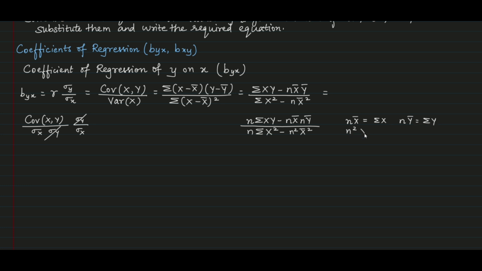So n square x bar square will be summation x the whole square. So substituting all these values, we get n summation xy minus summation x into summation y upon n summation x square minus summation x the whole square.